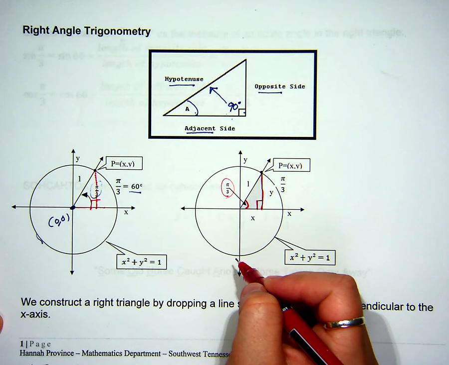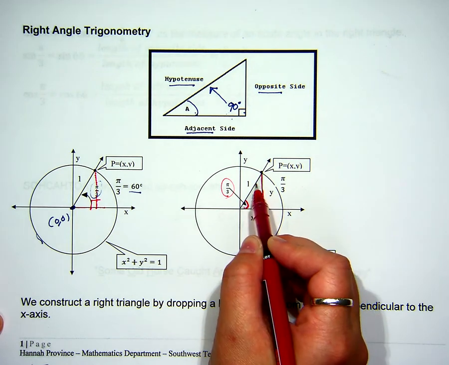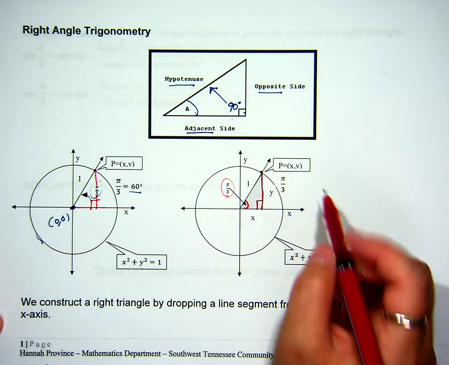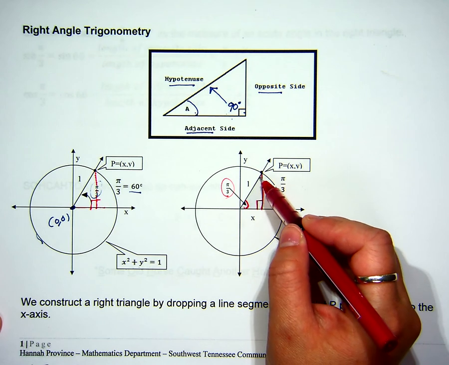If this is 60 and this is 90, we can find the value of the remaining angle simply by subtraction. Remember, the angles in a triangle have to add up to 180 degrees.